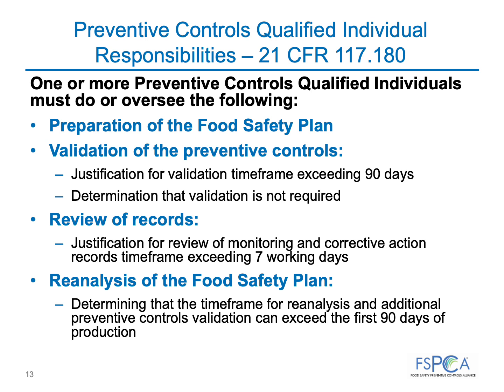These include justification for completing validation activities after 90 days of first production or determining that validation is not required, justification for review of monitoring and corrective action records exceeding 7 working days, and determining that it is appropriate to perform reanalysis and validation of additional preventive controls in a period longer than the first 90 days of production.